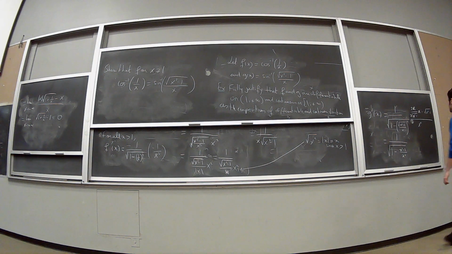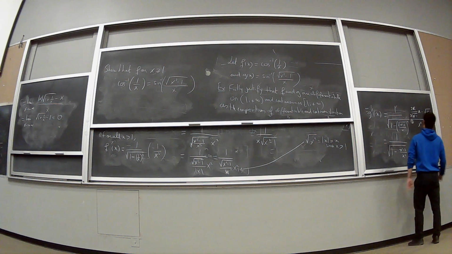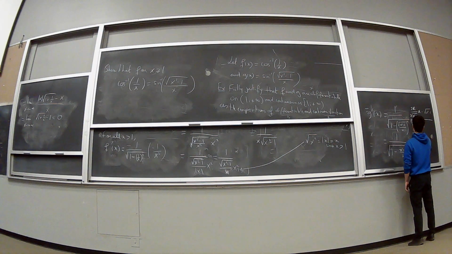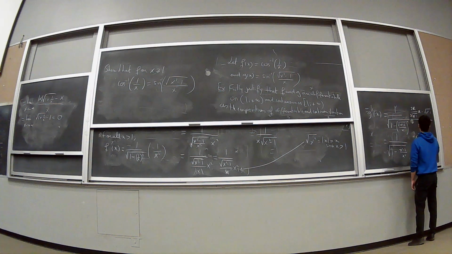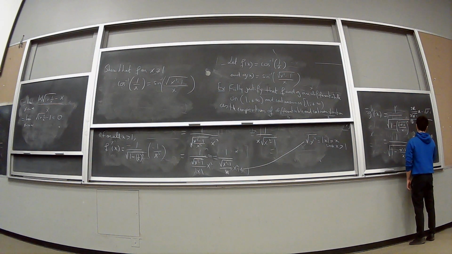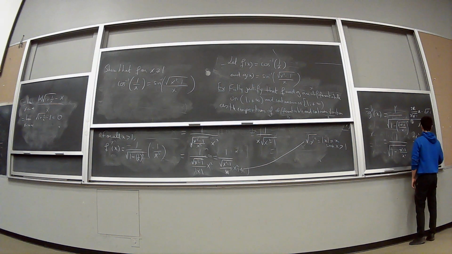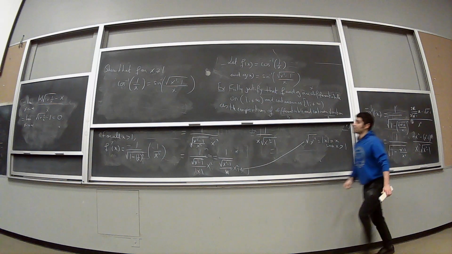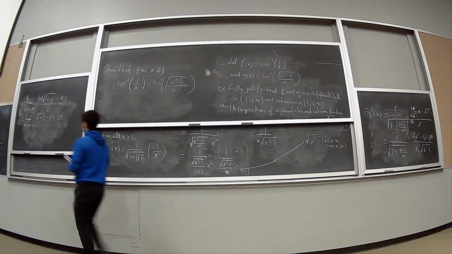Wait, what? There's something wrong here. Oh no, that's good. Okay, now let me put everything on the same denominator. Let me clean that up. So it's x squared minus x squared minus 1 over x squared square root of x squared minus 1. So g prime of x, what is g prime of x equal to?